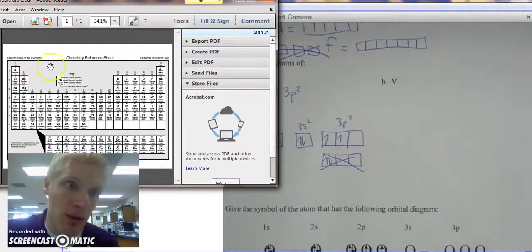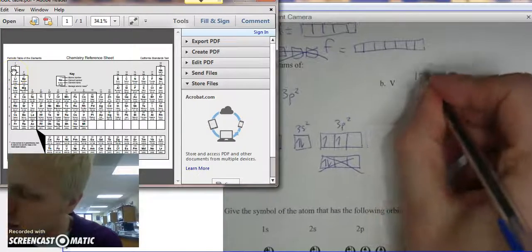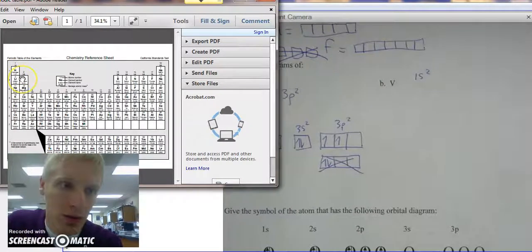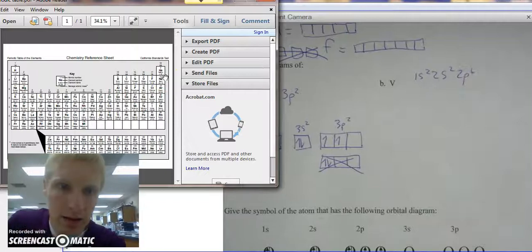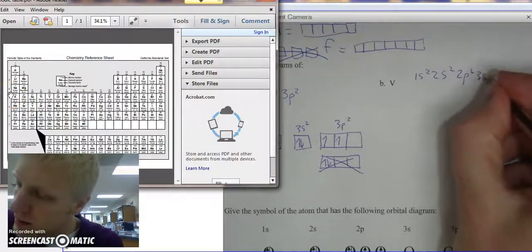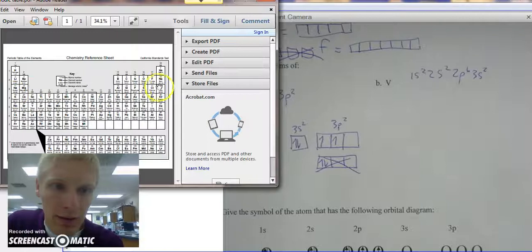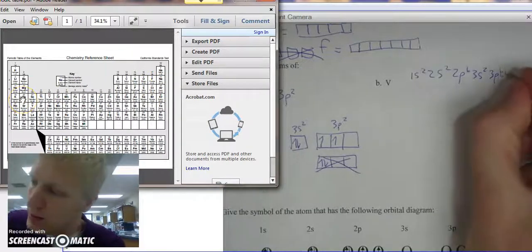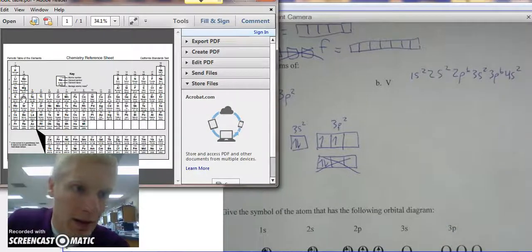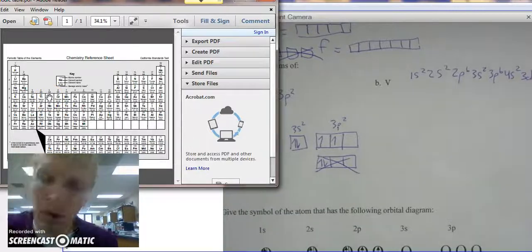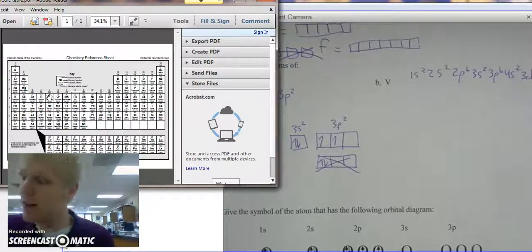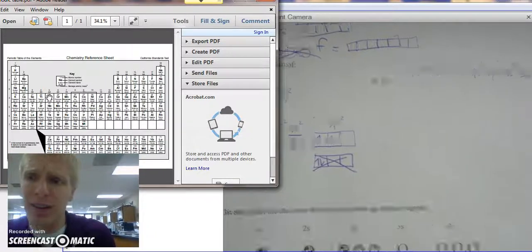First, we have 1s2, 2s2, 2p6, 3s2, 3p6, 4s2, and 3d3. The d's are always one less than the row they're in, so it's 3d, not 4d. Alright, so that's our electron configuration.